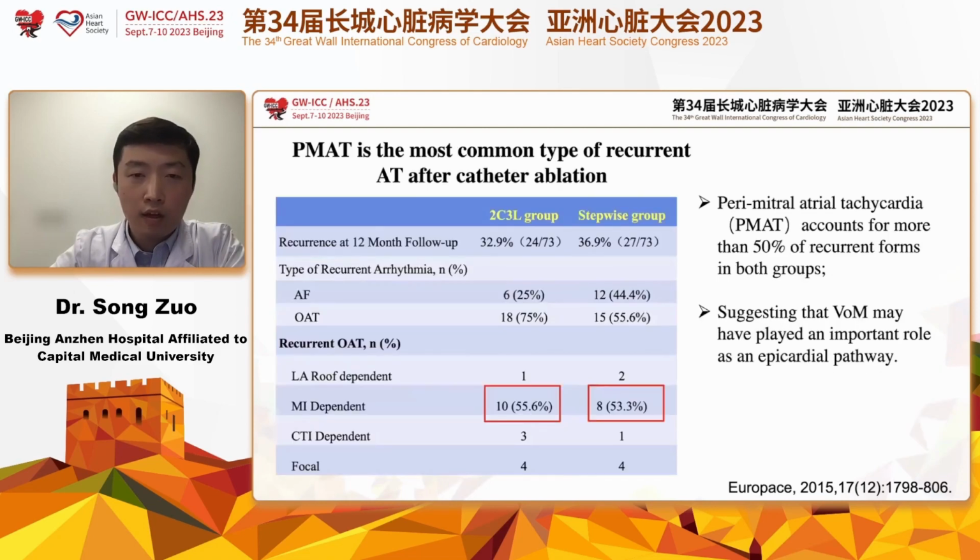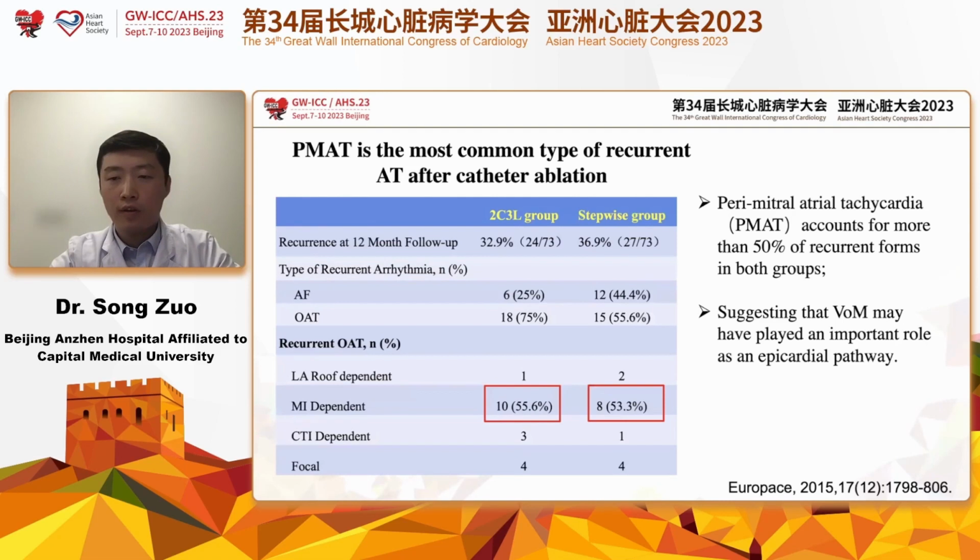The second finding of our study is that perimitral atrial tachycardia, PMAT, accounts for more than 50% of the recurrent forms in both groups. From this table, we can see that mitral isthmus dependent tachycardia accounts for 55% in the 2C3L group and 53% in the stepwise group.